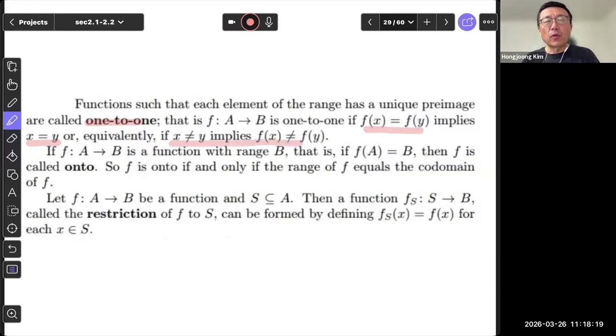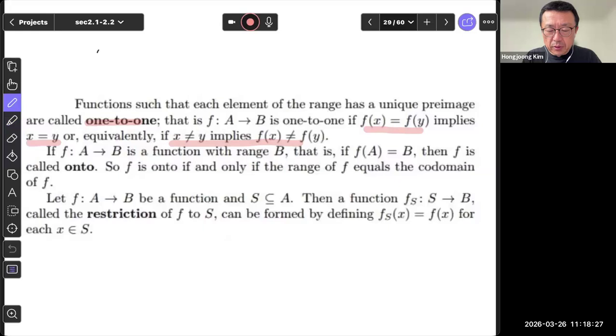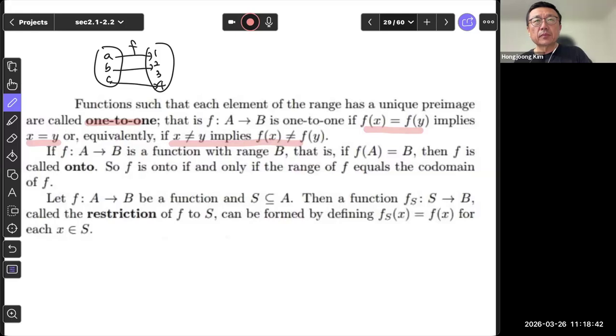So in elementary school days, we considered some diagram like A, B, C, and 1, 2, 3, 4. Then any mapping like this is called a one-to-one mapping.